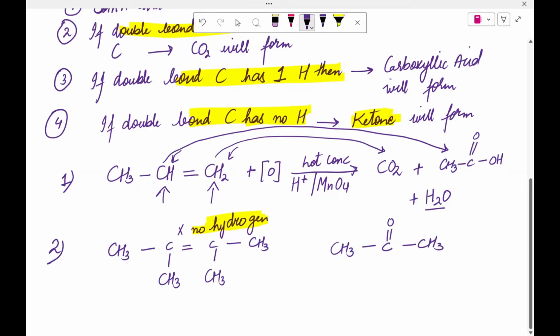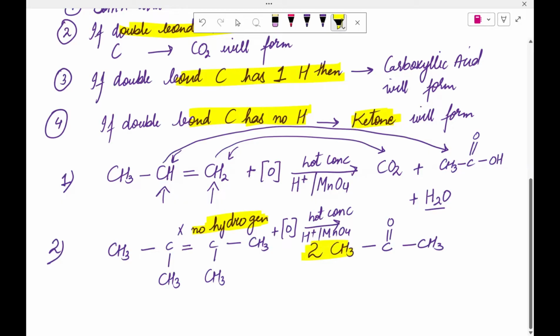So we know that the two bonds will form like this. And if we add oxygen here, and then there is hot concentrated H positive and MnO4, you can see that a ketone will form. Why am I adding two here?